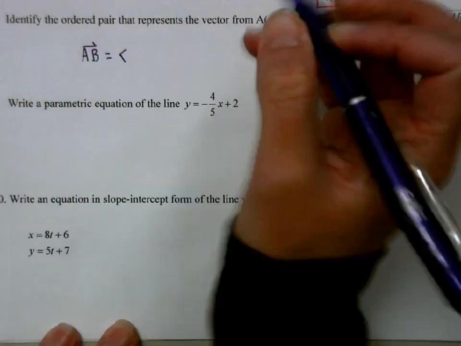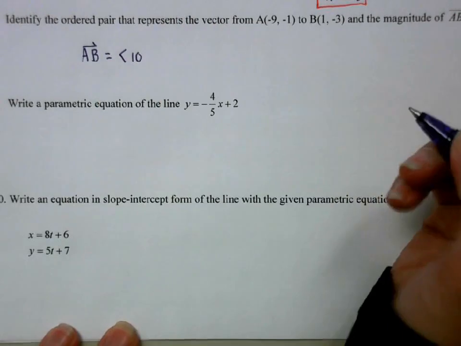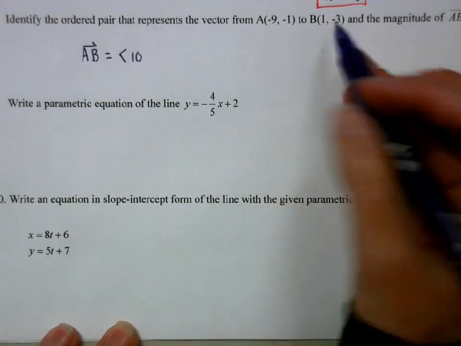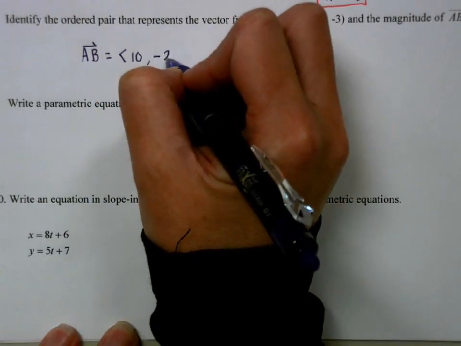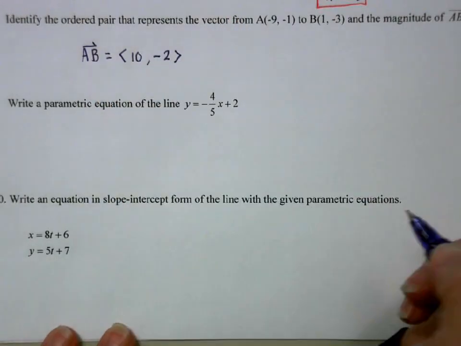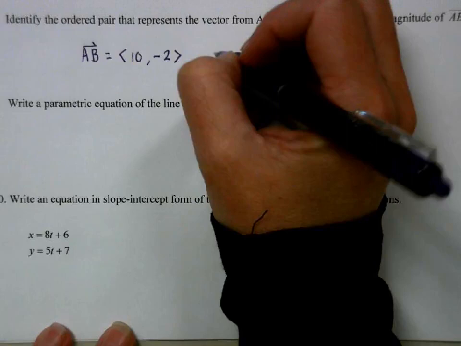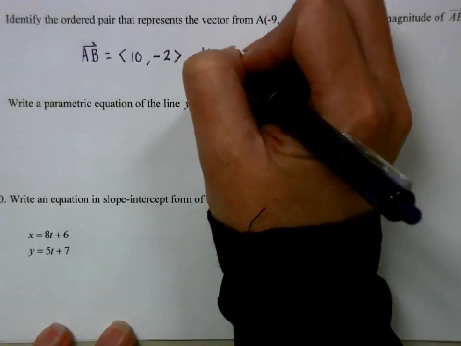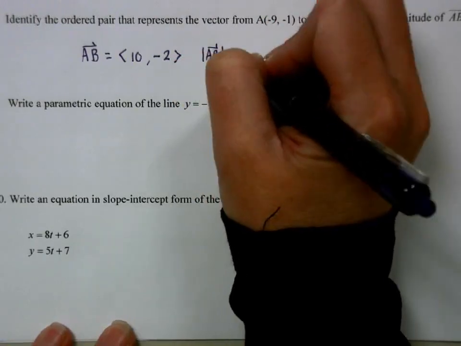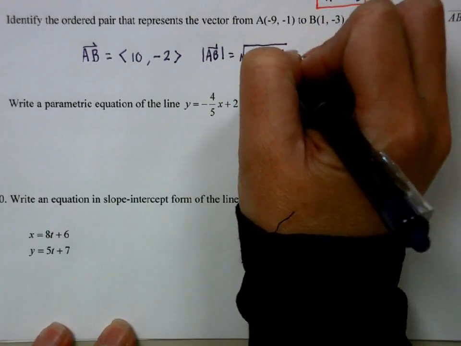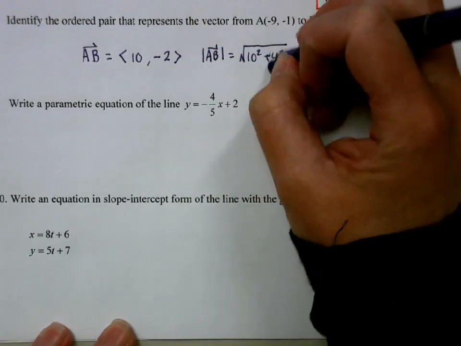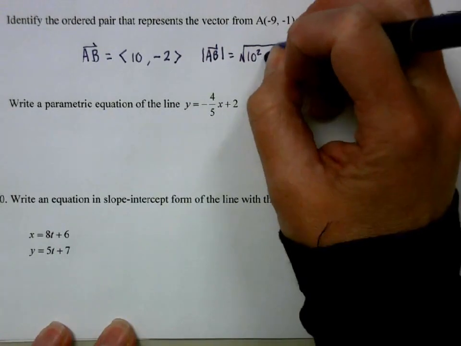If I'm going from -1 to -3, that means I'm going down 2, so my y component's -2. The magnitude is just the square root of 10 squared plus 2 squared, which is 4. So this is going to be square root of 104.